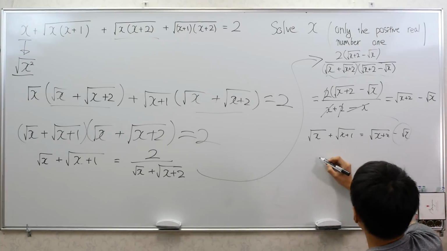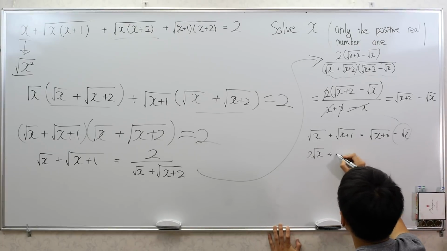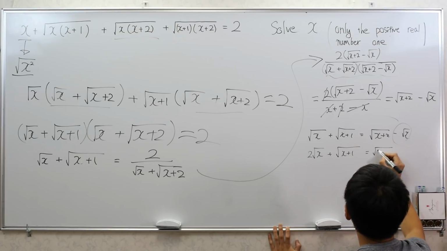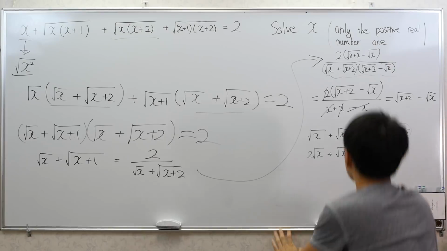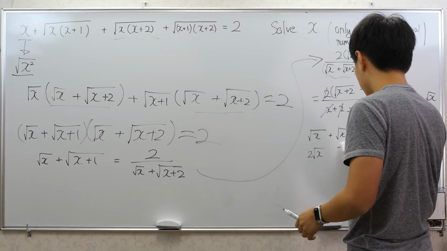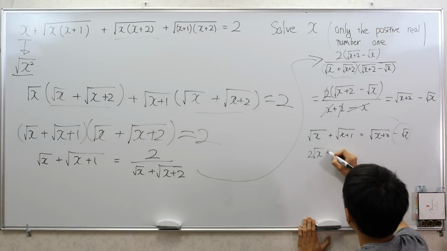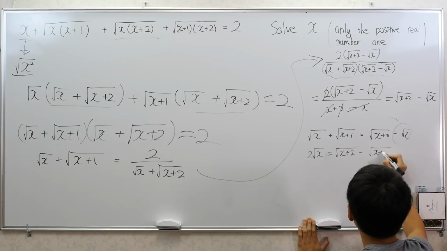Sorry, actually it will be easier if you bring the x plus 1 portion to this side too. So 2 equals square root of x plus 2 squared minus... the square root of x plus 1 terms.